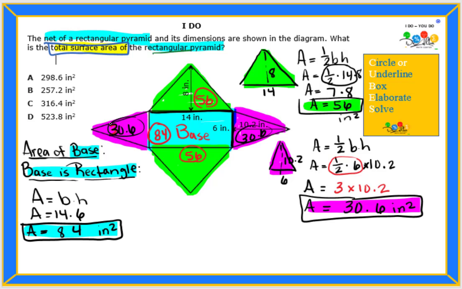So to find the total surface area, I am going to have to add all of those up. So let's go ahead and write that. I have the total surface area is equal to, I have the base, which is 84, plus 2 triangles that are 56, plus 2 triangles that are 30.6.